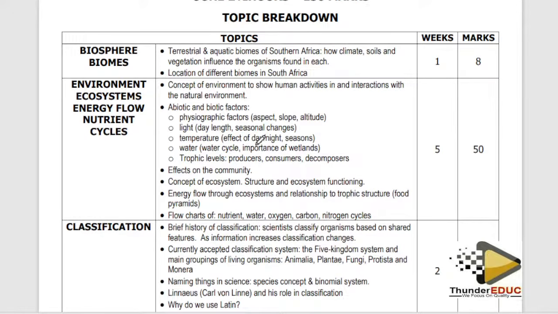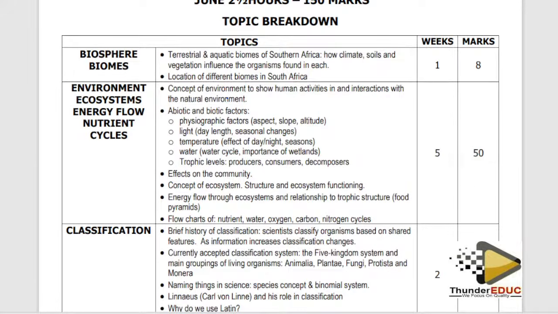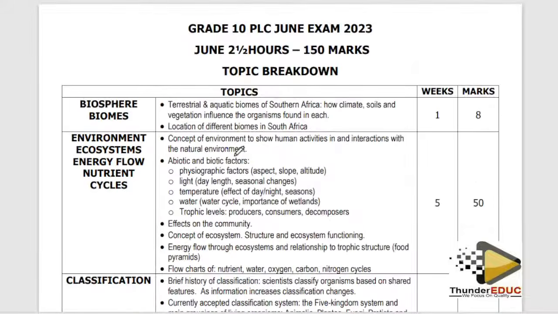First of all, I know that most of you have this so-called material; if you don't have it, you can download it from our website. This is what you expect to find in the Grade 10 exam.